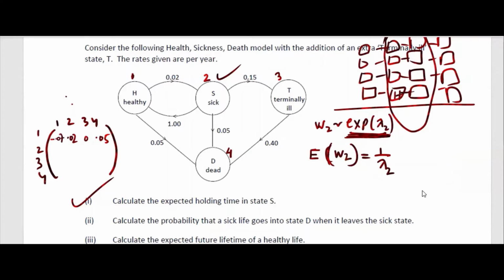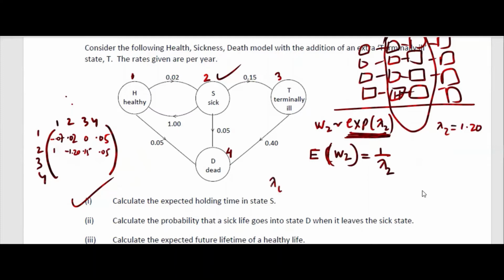So that total will be 0. Now 2 to 1 is 0, 2 to 3 is 0.15, 2 to 4 is 0.05. So 2 to 2 will be minus 1.20. Is it okay? So lambda 2 will be 1.20, right?